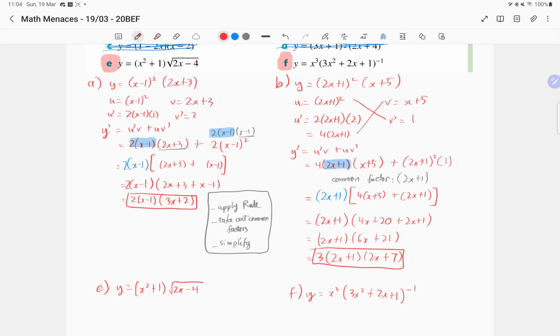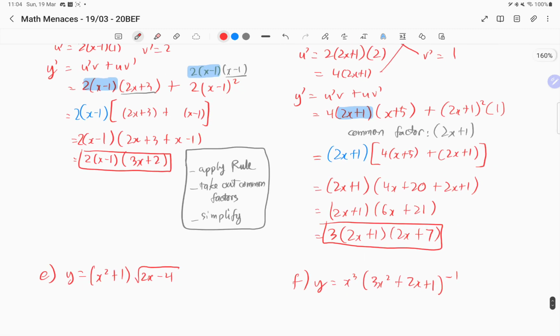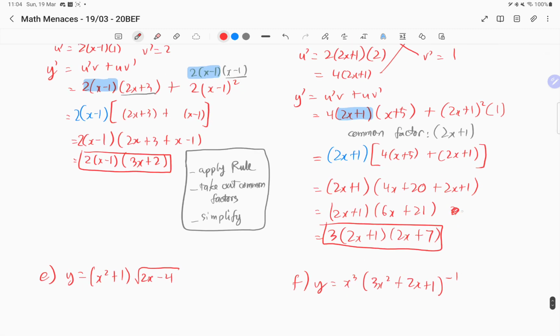Any question? For the second last line of B, did you just expand using the distributive law? Second last line? Yeah. This one, right? Yeah. Just combine like terms. And yes, it's distributive law, so it'll be 4 times x, 4 times 5, and then this one will just be the same.